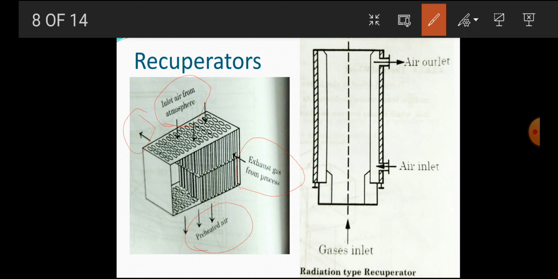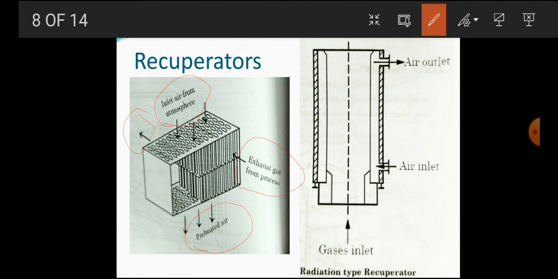They have a dividing wall in between, so the fluids do not get mixed. So in order to recover the heat, on one side wet steam is passing, and on the other side the air for combustion is being preheated.